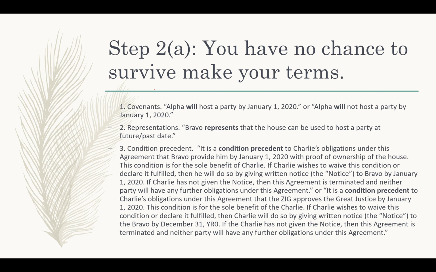The condition precedent says basically that some situation or event has to occur before the parties have any obligations under the contract, and this condition basically benefits one party. The party can waive a condition precedent.